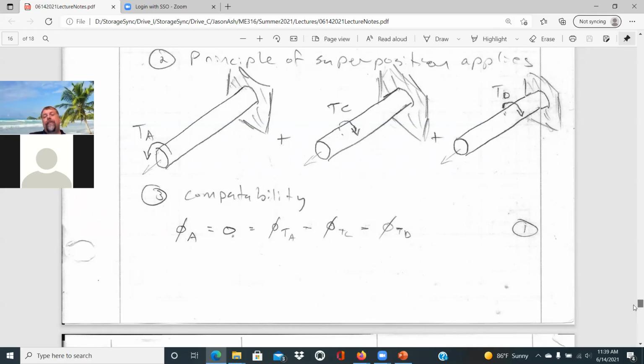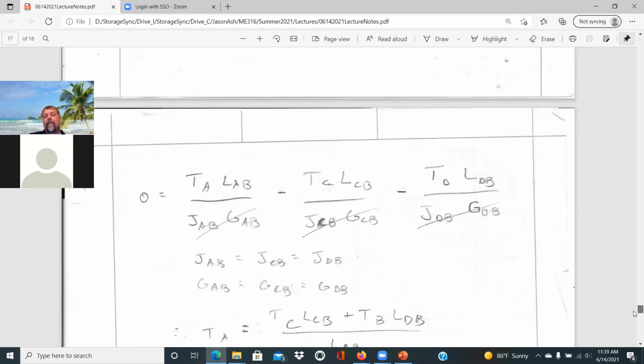We can call that equation 1. And now this again is based off all the external torques, which is nice. And so we can plug in our values TA, LAB, JAB, GAB, minus TC, LCB over JCB, GCB, minus TB, LDB over JDB, GDB.